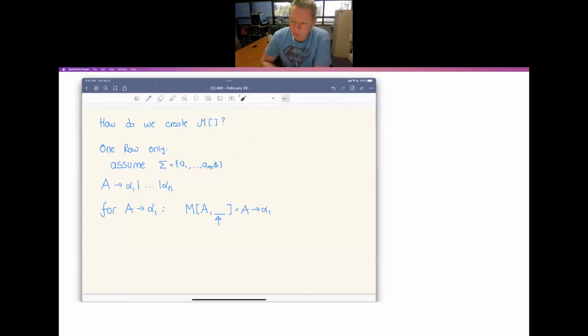Which ones of them? So for which terminals should I pick alpha 1 if I'm trying to parse an A? If I took one out and I asked, for which terminals should I pick A goes to plus X, of all the possible terminals?